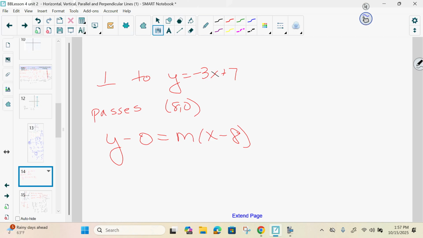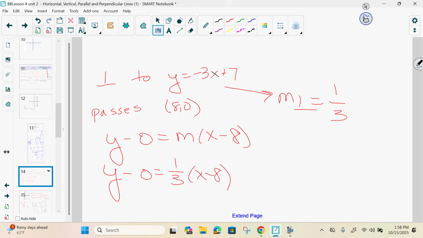This perpendicular slope is positive 1/3. So I don't think you have to multiply by 3 on this one. What are you getting, Hopper? 1/3 x minus 8/3. Good, right? Because this guy is 0. So this side cancels, and you get 1/3 x minus 8/3. Parallel and perpendicular can be the hardest.